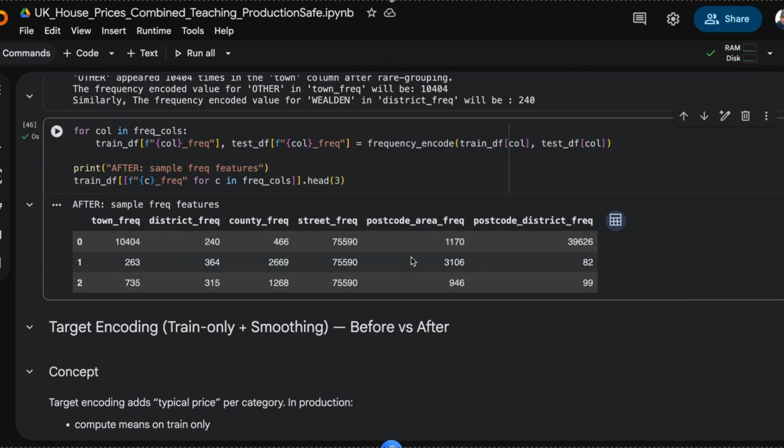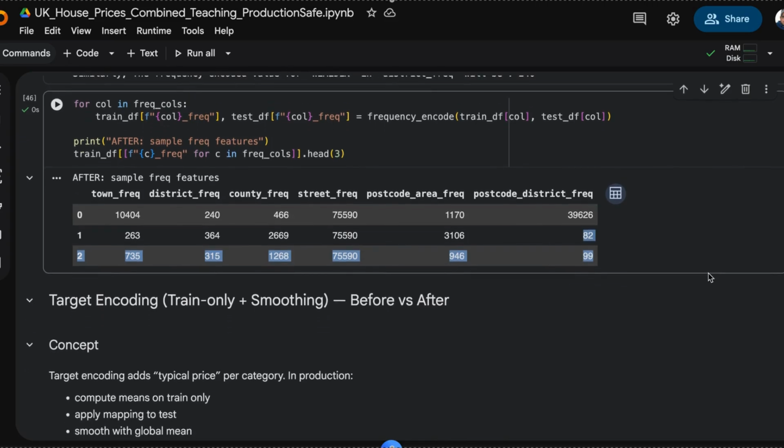A larger frequency value indicates a more common category, a denser market region, and possibly more stable pricing patterns. A smaller frequency value indicates a rarer category, less transaction data, and potentially higher variability. Frequency encoding is computationally efficient, handles high cardinality variables well, does not explode dimensionality, and captures density information.